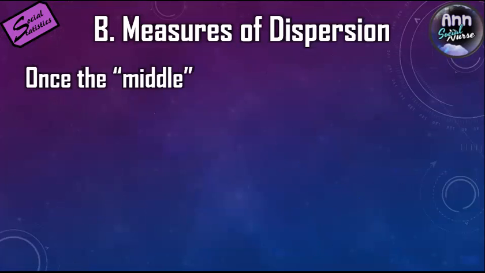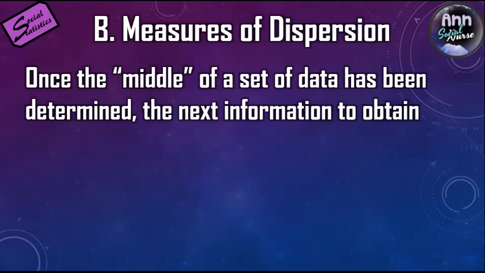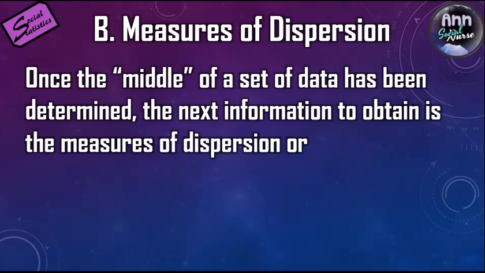Once the middle, that's the center, so central tendency, of a set of data has been determined, so you already finished calculating the mean and the median, the next information to obtain is the measures of dispersion or spread.